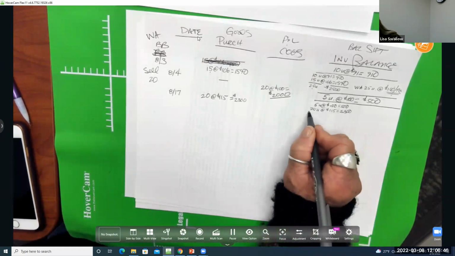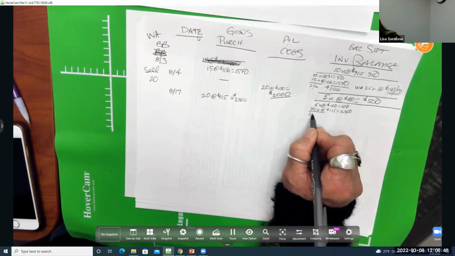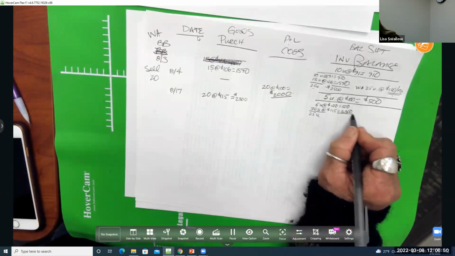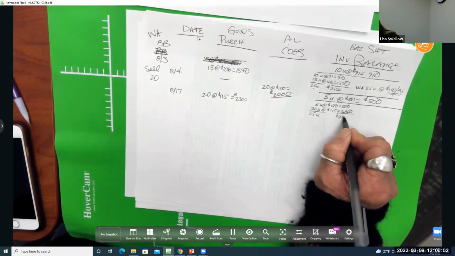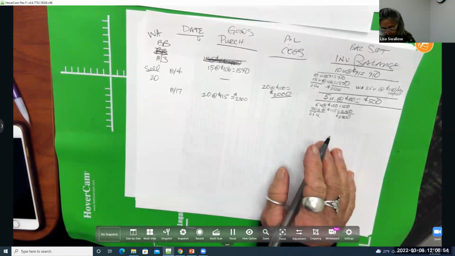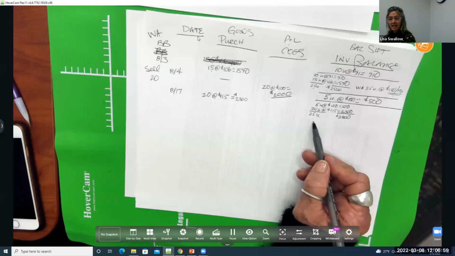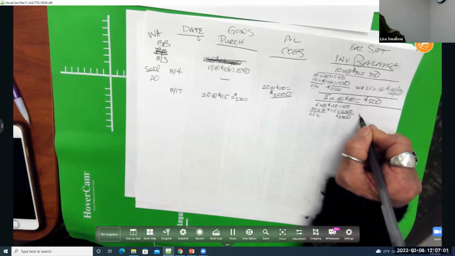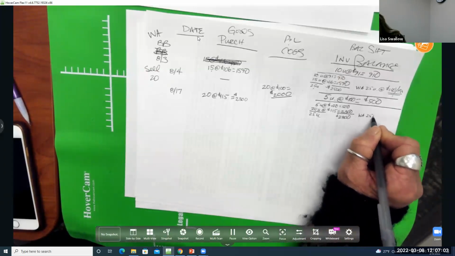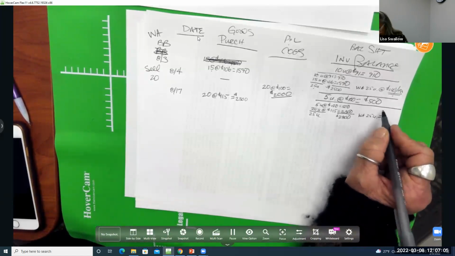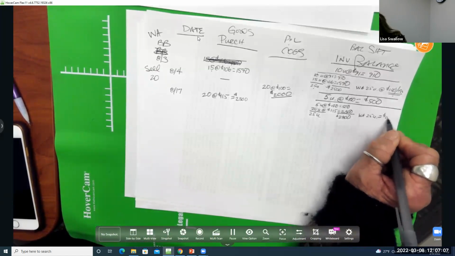And now I've got 25 units, and there's $2,800 in them. So 2,800 divided by the 25 bikes I have now, my new weighted average for these 25 units is $112 each.